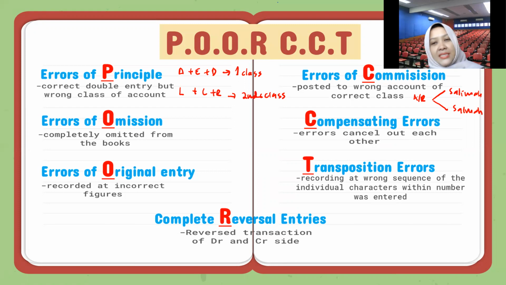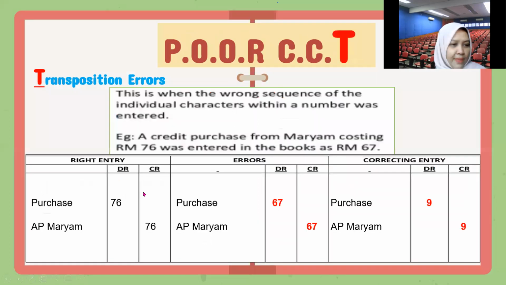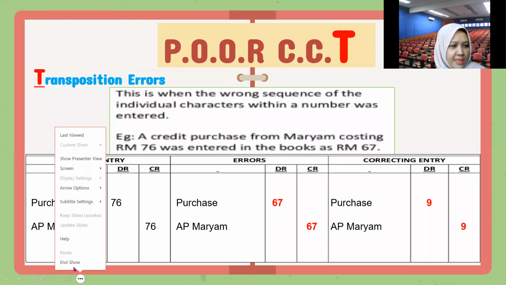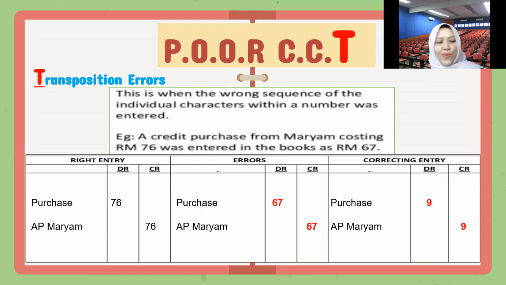I hope that you remember this acronym, so it is easy for you to memorize in answering your test, in answering your tutorial. Okay, so inshallah, we will go to your exercises that will be discussed in the class.